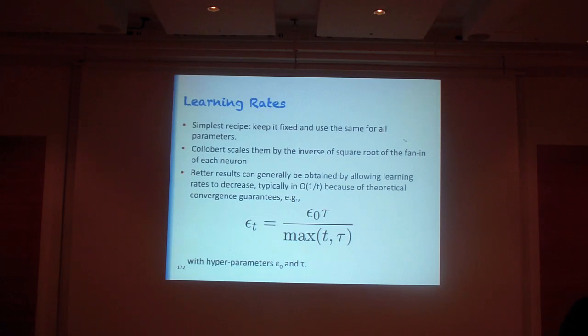So when the iteration number is less than the time constant, this is just epsilon 0. So we initially have a constant learning rate, and then when t equals 2 tau, you're going to have epsilon 0 divided by 2 as our learning rate. After t equals 3 tau, we're going to have epsilon 0 divided by 3, and so on. So you can see that the learning rate goes down as 1 over t, but is initially constant, which is nice.